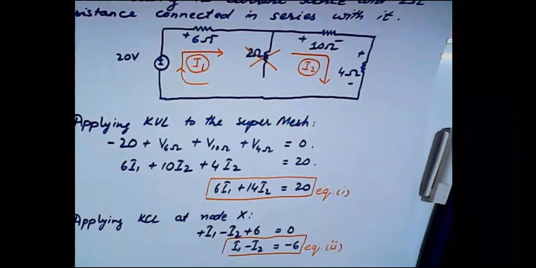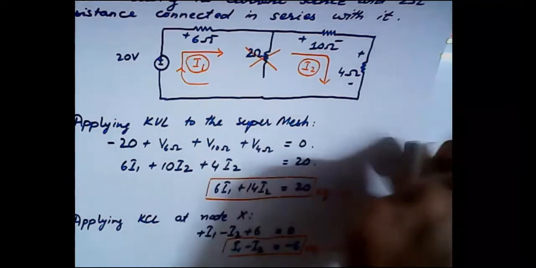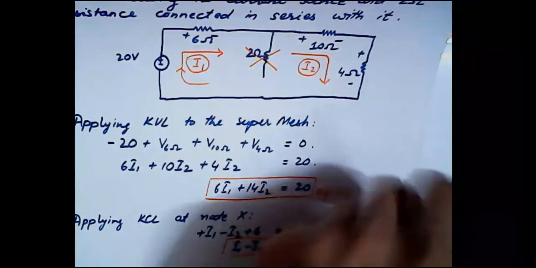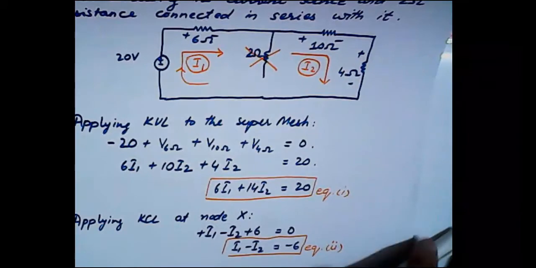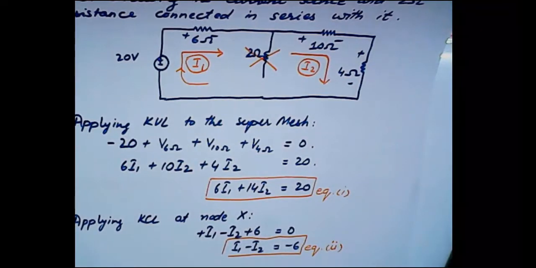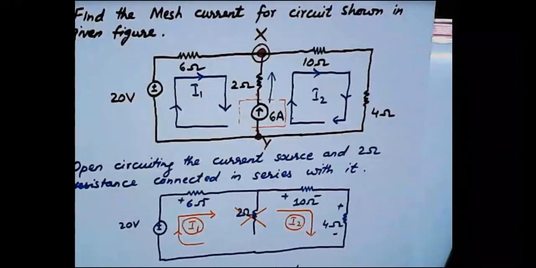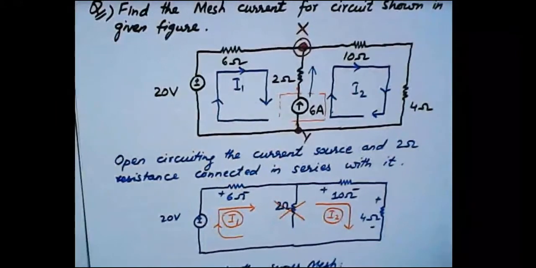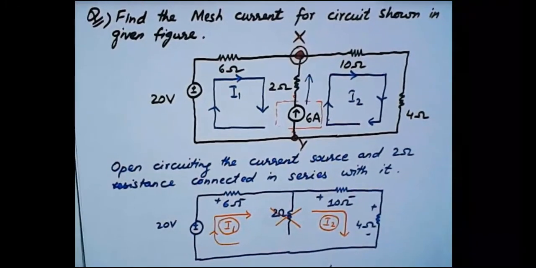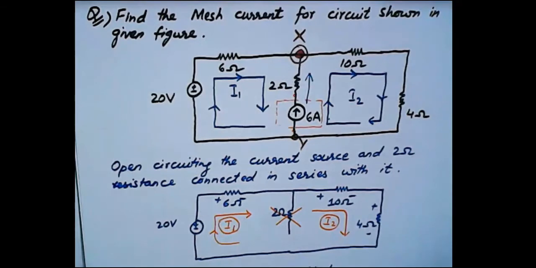Now some of you might think what would have happened if we applied KCL to, let's say, node Y in the circuit.